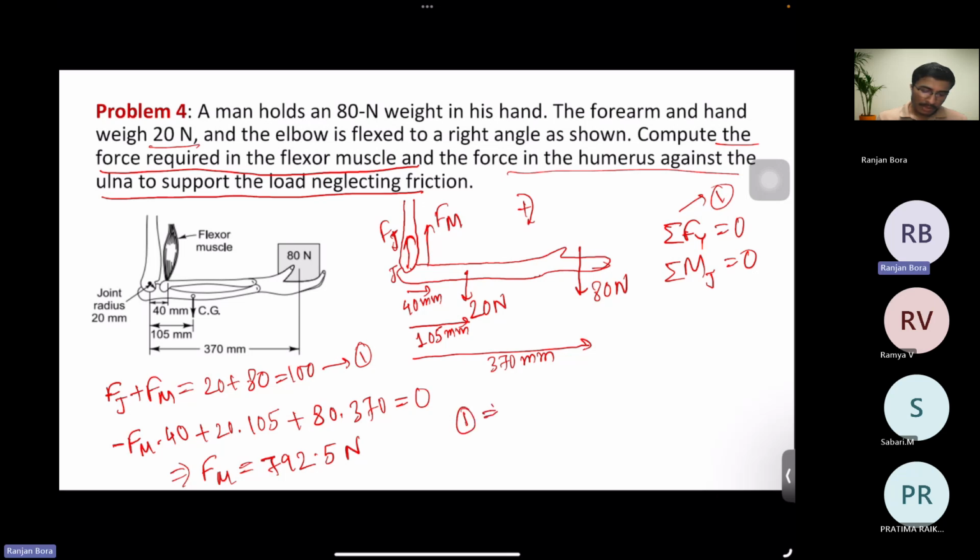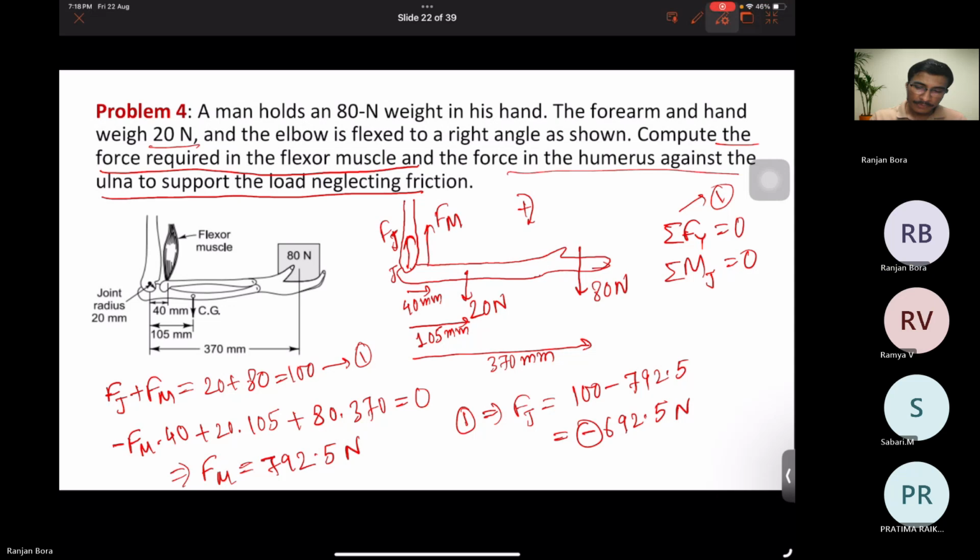Equation 1 will give us Fj as 100 minus 792.5, so it will be minus 692.5. What does this minus sign represent? It means our assumption of the direction of Fj as vertically upward is not correct. In the actual scenario, Fj will act in the downward direction. So the actual direction of Fj is vertically downward.